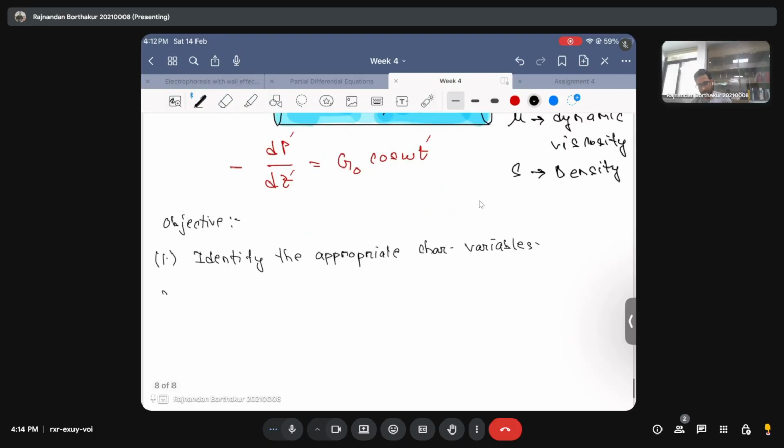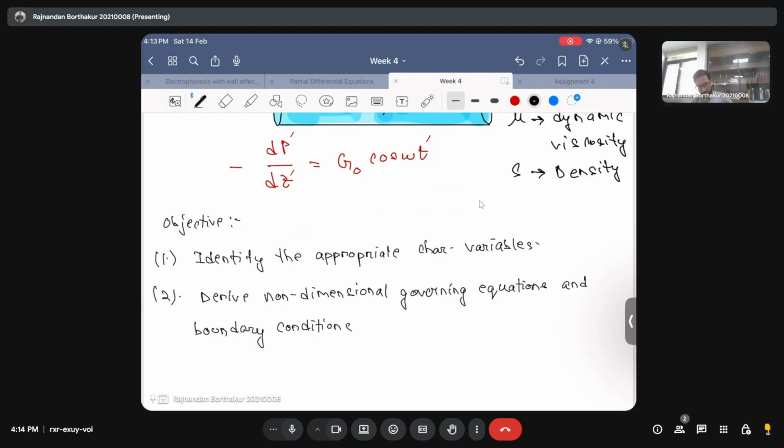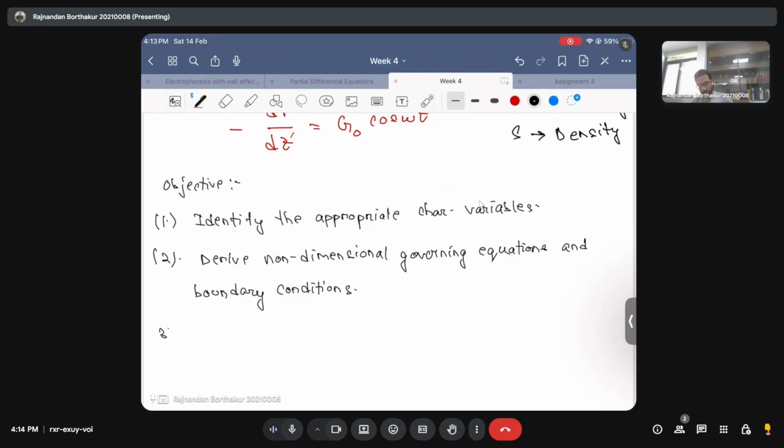The second thing is derive non-dimensional governing equations and boundary conditions. And the third and the final objective, which I believe we may not finish in today's discussion, is to obtain the velocity profile.